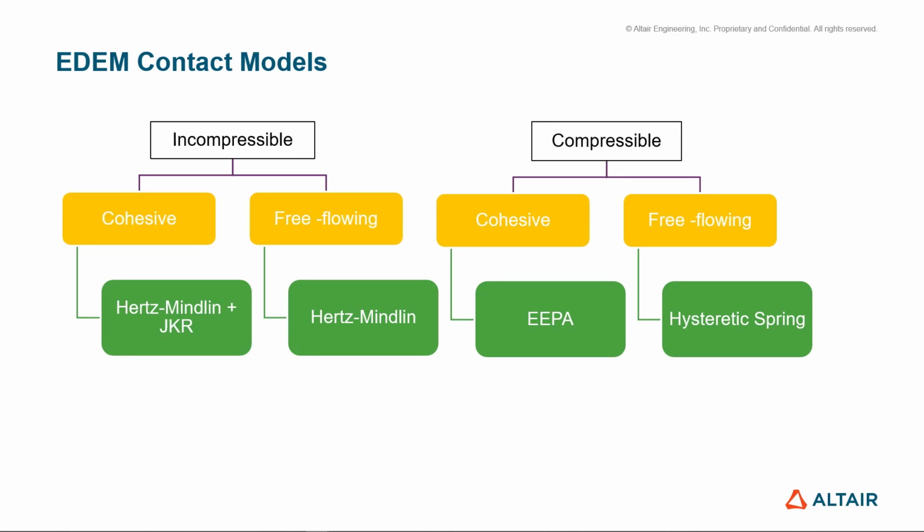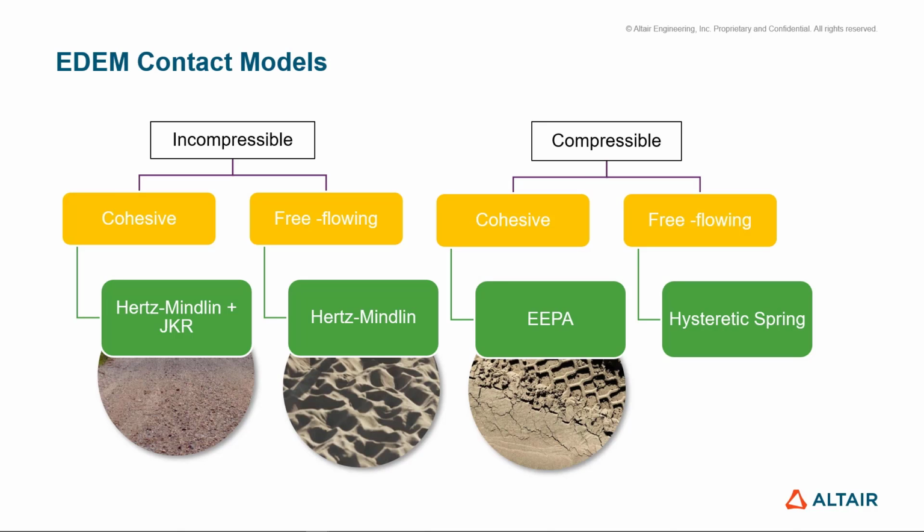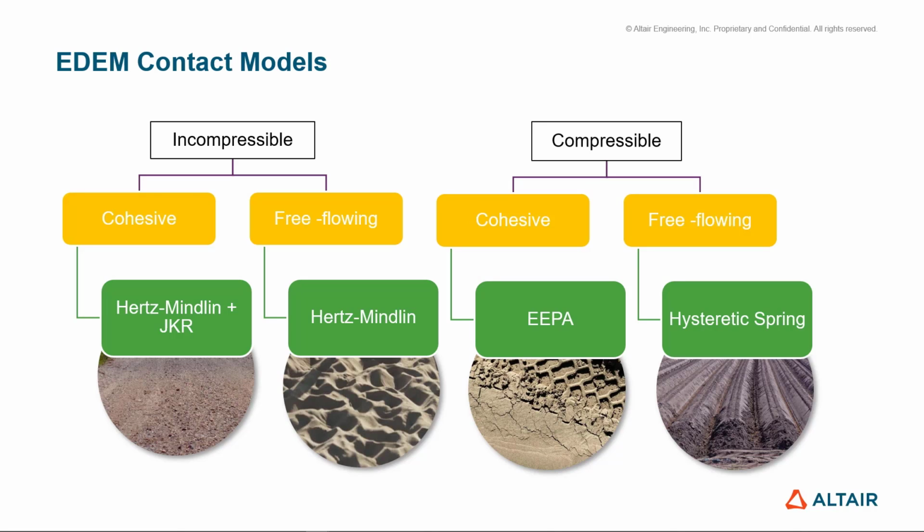Here we can see the main four base models, and they are used for different kinds of materials. They are all based on contact mechanics theories. For instance, the JKR introduced attractive forces to the particle. We also have the Hertz-Mindlin, which is the default model in EDEM, the Edinburgh model that is used for stress-dependent material, and the linear spring model. I won't go into details about these models, as this is not the aim of this presentation.